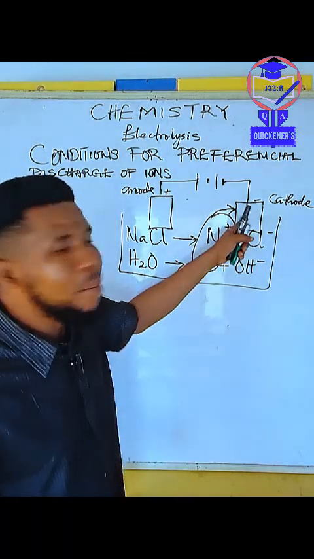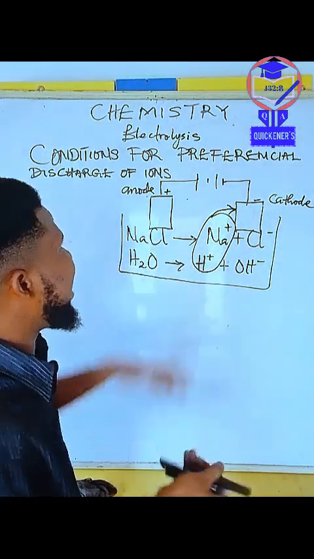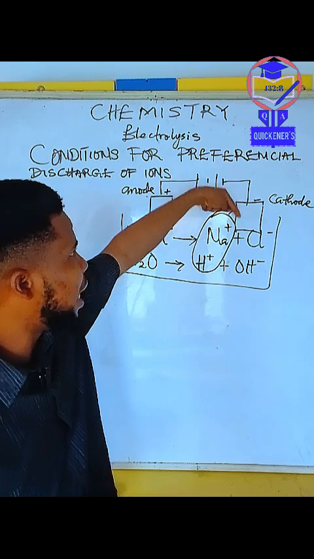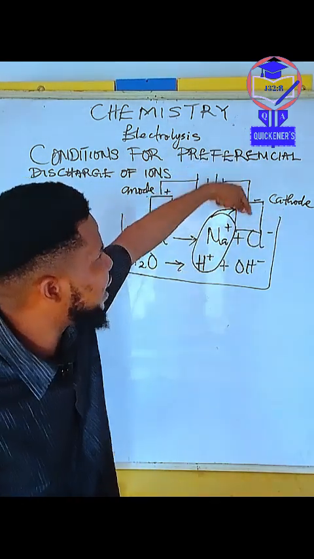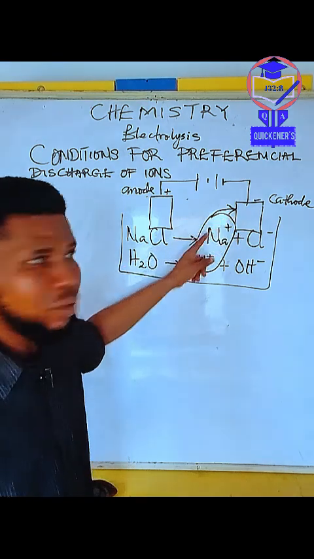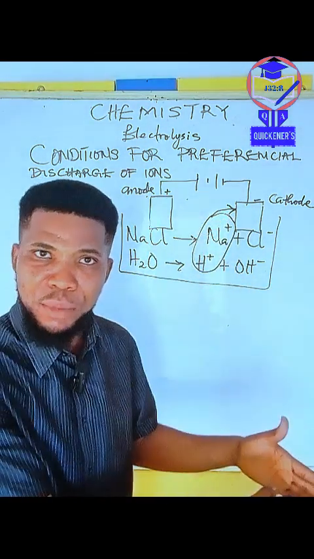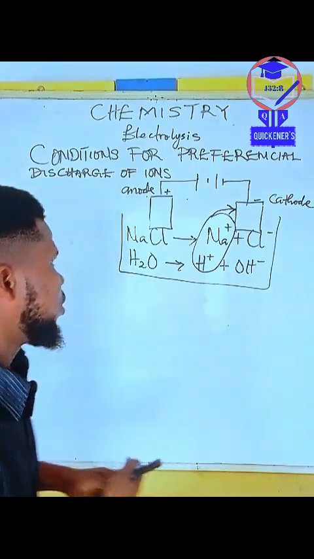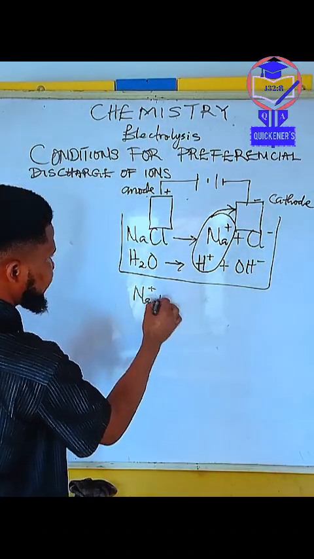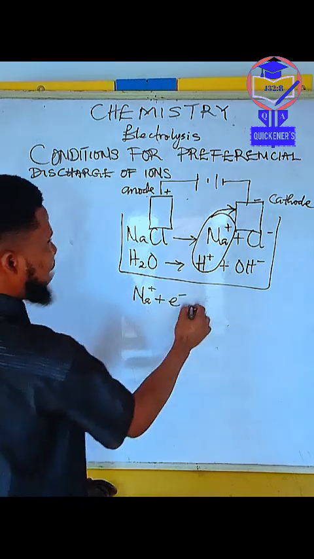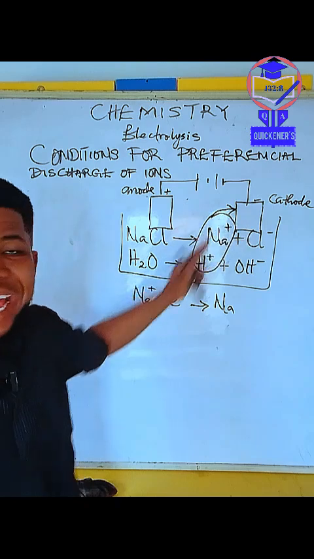Now, they will come here and receive that electron. So that means that electrons will enter into this electrolyte through the cathode. Please take note, for those of you writing down. Electrons enter the electrolyte through what? The cathode. So this one will go and receive those electrons, and they will now form the atomic state or their molecular state. Something like this. Sodium will receive an electron and become sodium metal. Then it will now be deposited at the cathode.